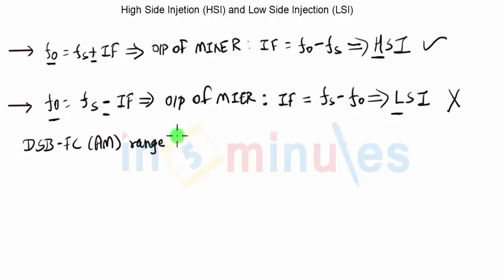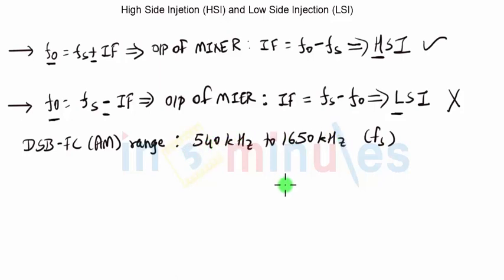the range of carrier frequency is from 540 kilohertz to 1650 kilohertz. That means any station frequency that my receiver will be tuned to will be a frequency from this range, and around that frequency there will be present the lower sideband and upper sideband, which will contain my information. So that's the range of the incoming signal frequency Fs, 540 kilohertz to 1650 kilohertz.